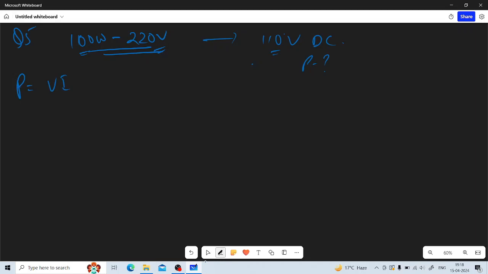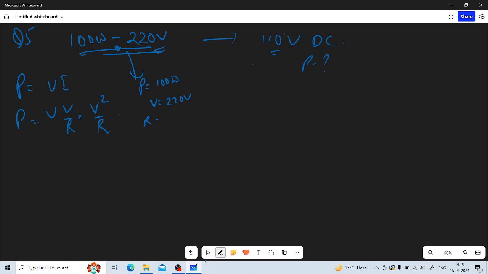Okay, voltage is there, potential difference, but the current is not given. So we can express this current as V by R. Now the power expression becomes V square divided by R. I know V, but I don't know the resistance of this bulb. Right here I don't know, but I can find the resistance from this relation. In this relation, I have been given power as 100 watt when the voltage is 220 volt.